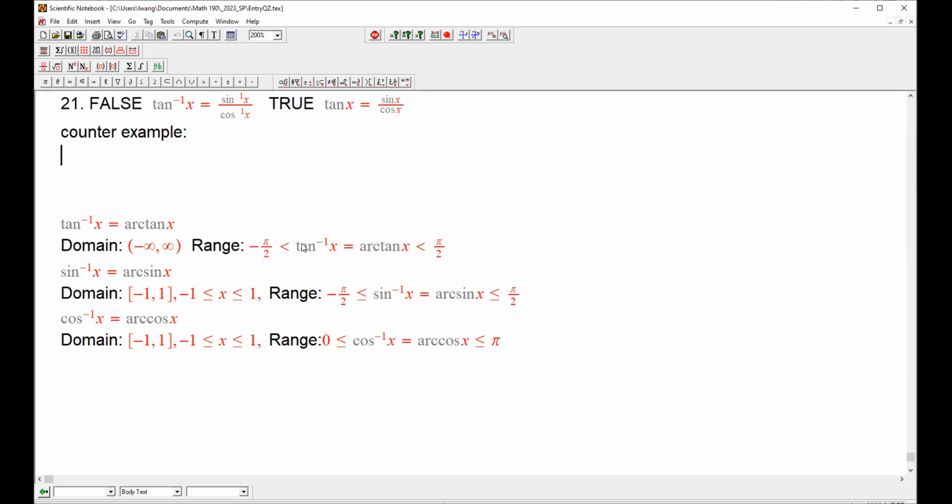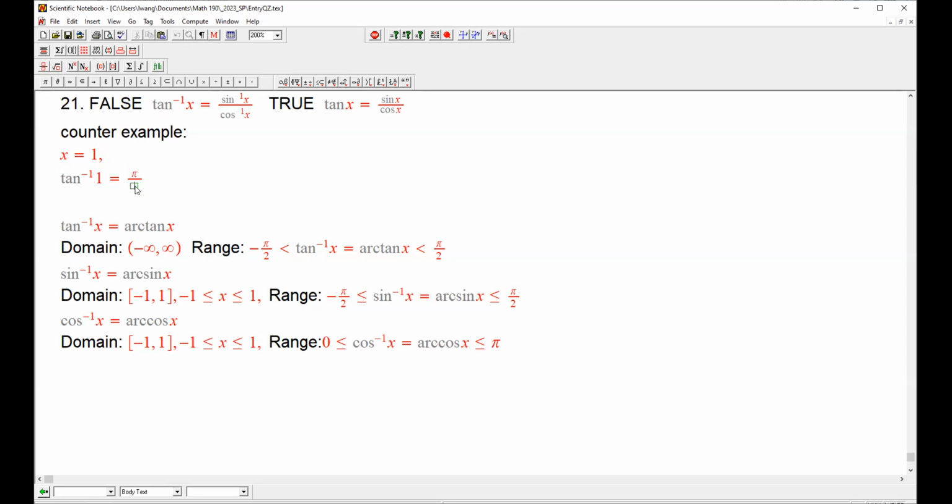Let's try to make it easy. Try a couple numbers. How about x equals 1? Arctangent of 1 equals π/4, right?